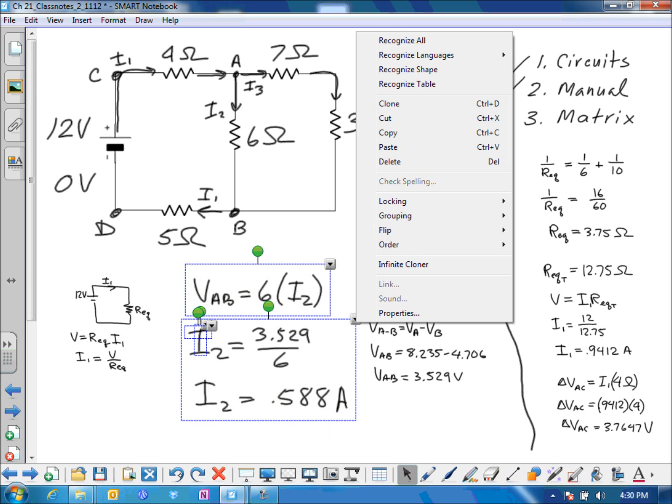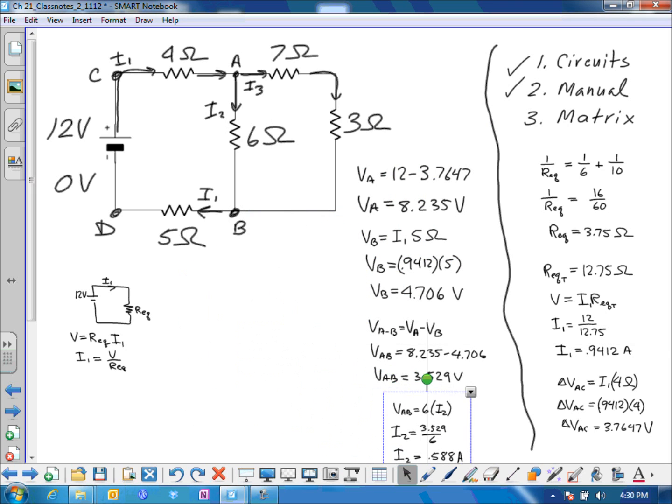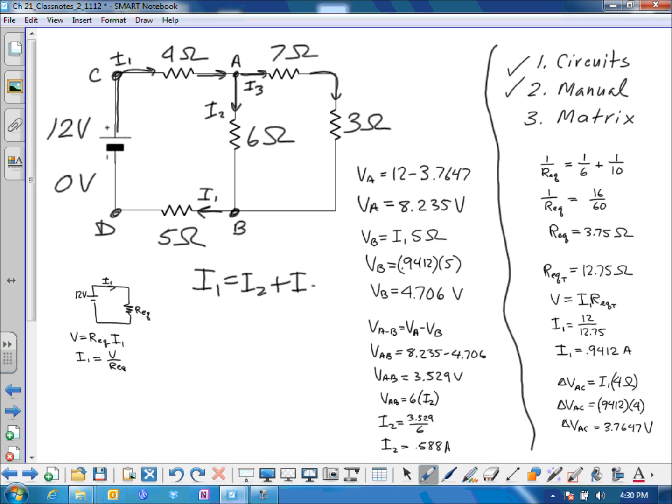We're almost there. Our last remaining task is to find I3. And that's pretty simple because we know that I1 is equal to I2 plus I3, and we know I1 and I2, so I3 is equal to I1 minus I2.